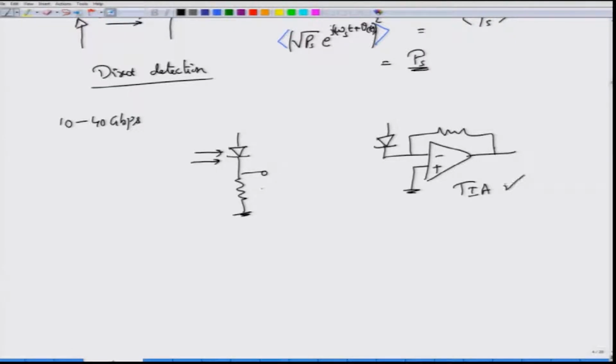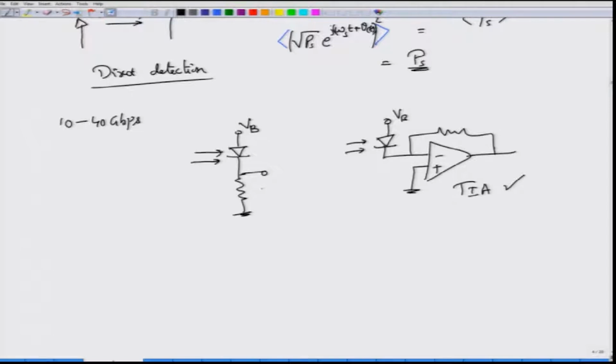This structure is quite widely used for photodetection purposes. What does this detection mechanism consist of? It simply consists of an appropriately biased photodetector followed by a way to convert current into voltage. You can do that by simply putting up a big resistor, or you can put up that same resistor but couple it through this op amp in order to form the transimpedance amplifier circuit.